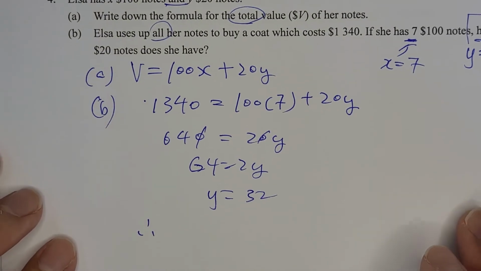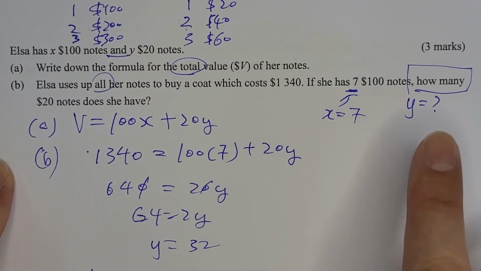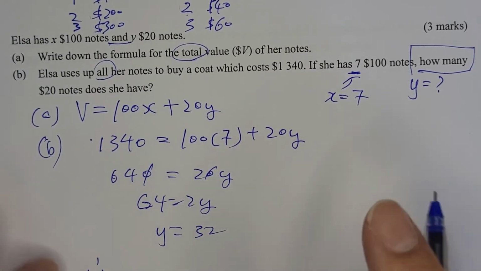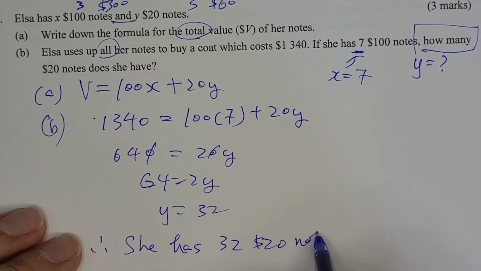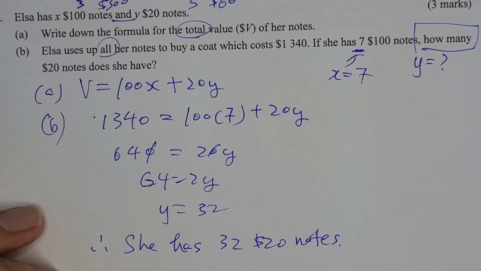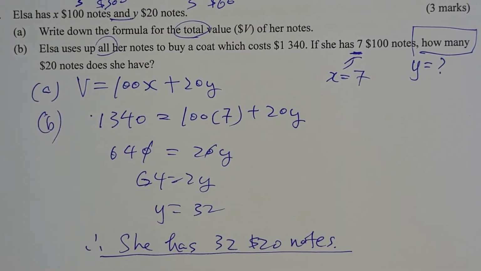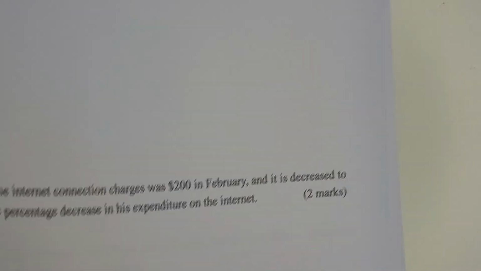You must have an answering statement. Don't just find y. Mathematically you are finding y, but in this word problem, you need to state how many $20 notes. She has 32 $20 notes. You must have this one. Okay? And then move to question number 5.